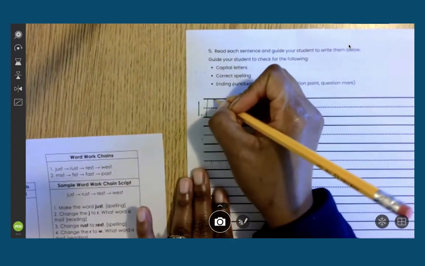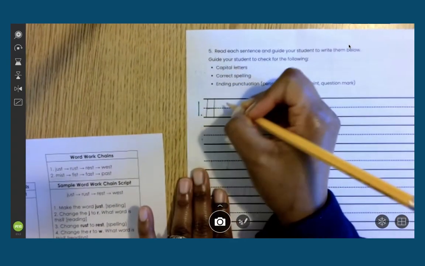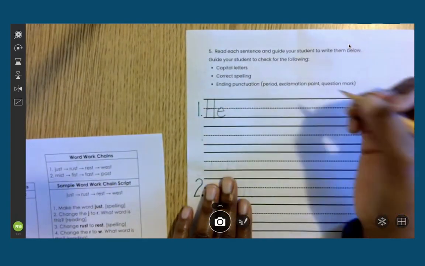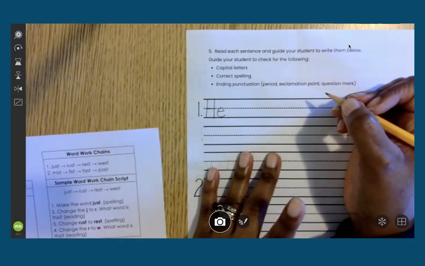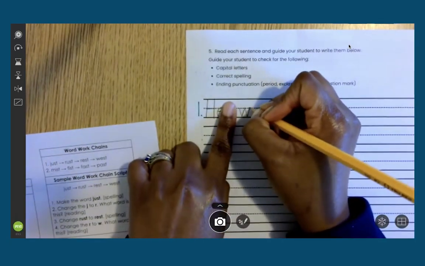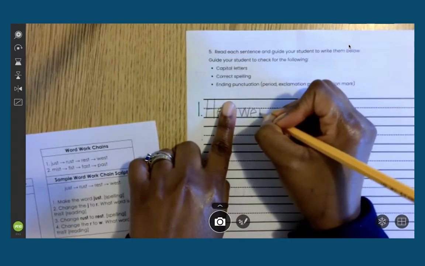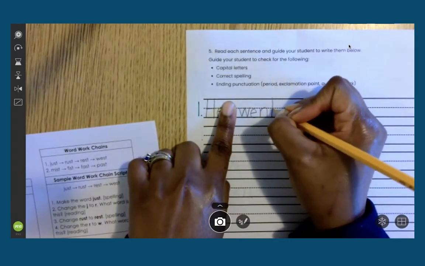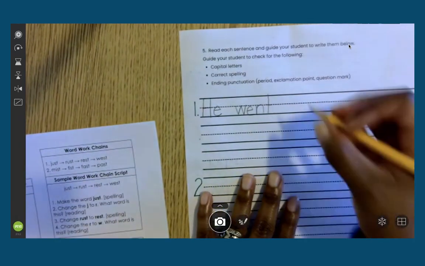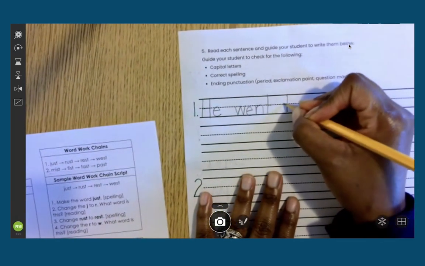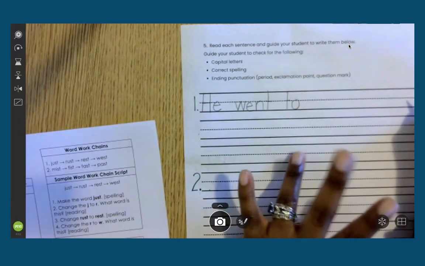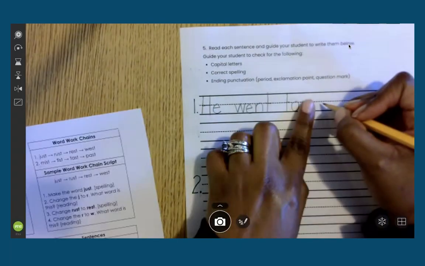He, H-E, that's a hard word. He went. W-E-N-T, went. He went to, it's another hard word, to get, G-E-T, 3 sounds.